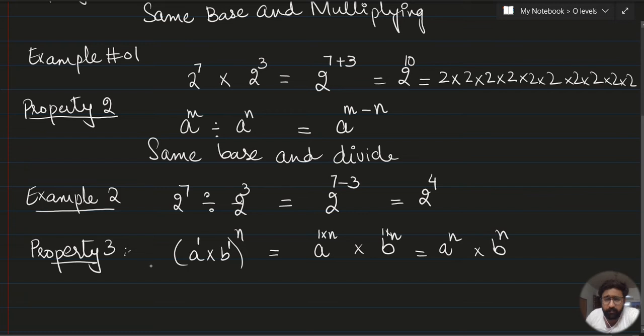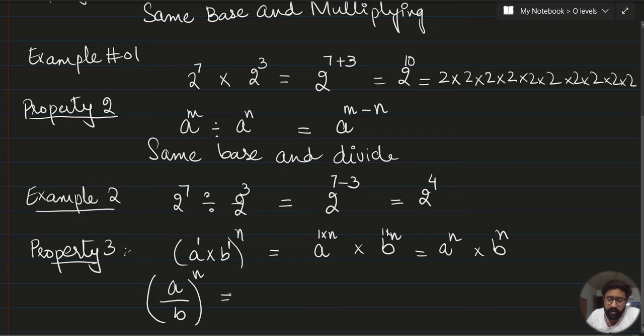And a very similar case to this one, I am going to give you an example for this. A divided by B, instead of the multiplication, now the two numbers are being divided, and there is a power on top of the whole of this bracket. This power on the whole means that it is on everything inside.